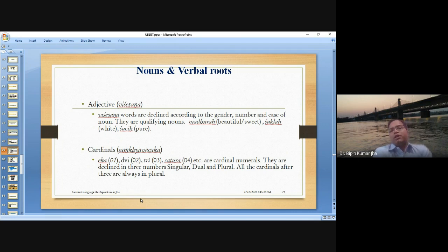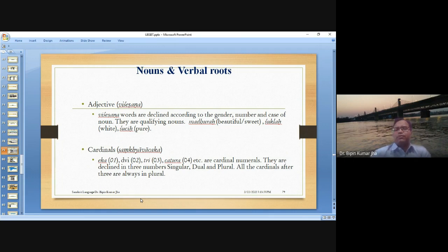Another important thing when you are learning about sentence structure is that the adjective plays an important role. Why? Because when you are creating a sentence, or learning how to extract meaning from it, you need to understand which is the qualifier and which is the qualified. So adjective is a very important thing.